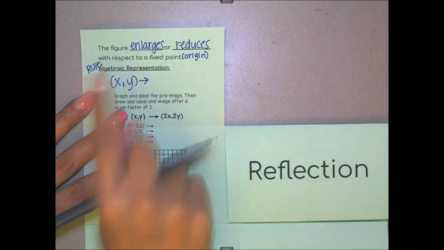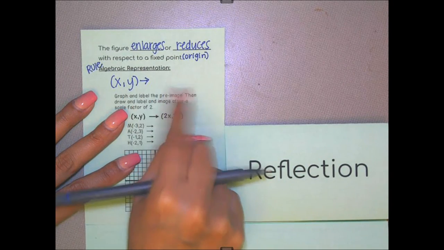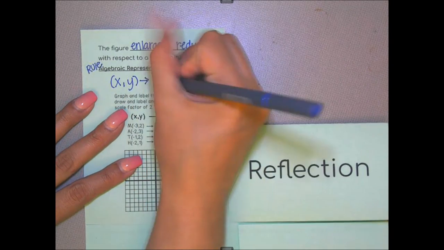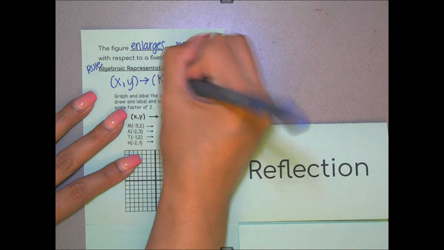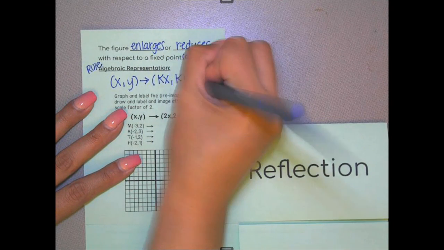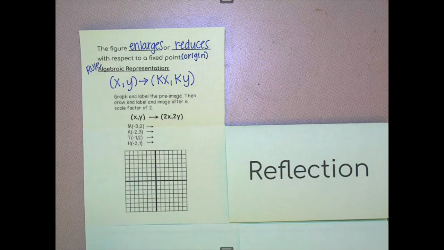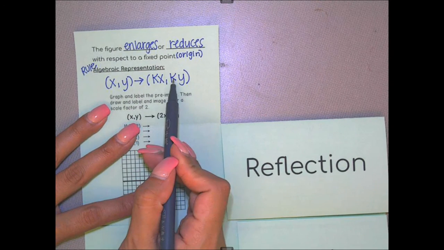That tells me that my coordinates change. Now we're going to say our rule looks like (kx, ky). We need to remember that k is our scale factor, and that is going to be a number.